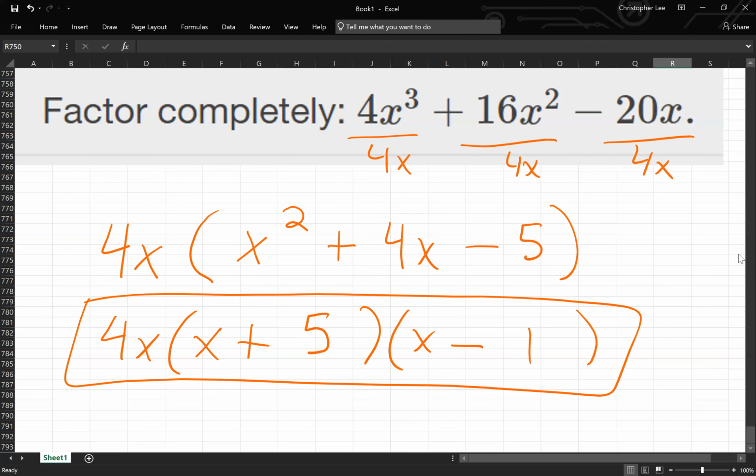If it's a trinomial with 3 terms, you do this. If it has 4 terms, you do the grouping that we did last time, and then that's it. If it has 2 terms, difference of two perfect squares, one positive, one negative, and then that's it. That's literally factoring in a nutshell.